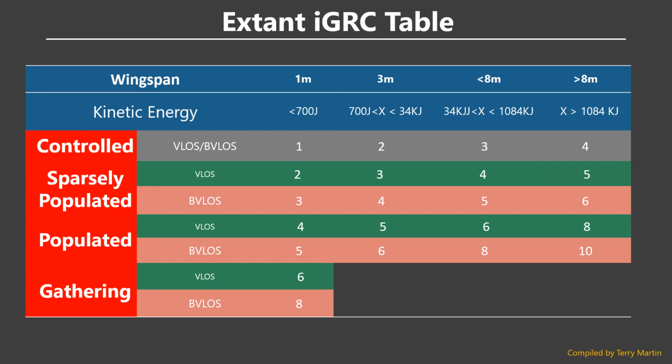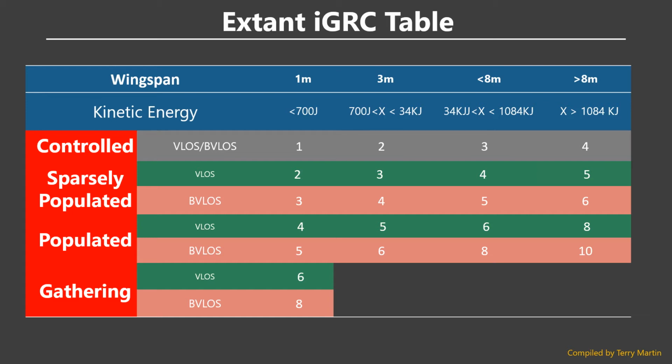The highly observant amongst you will notice that except for the controlled band, VLOS operations are always one GRC value less than the BVLOS equivalent for the same population. Now, in principle, the platform causes the same damage if it hits the ground, irrespective of whether it's flying BVLOS or VLOS.